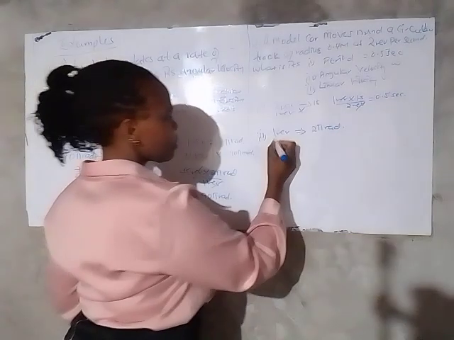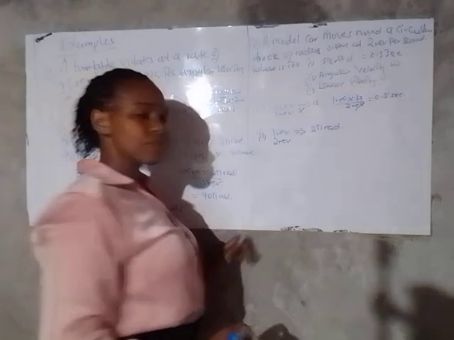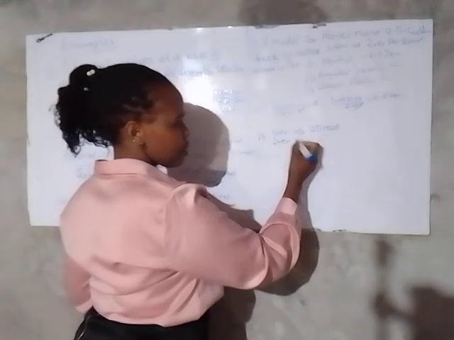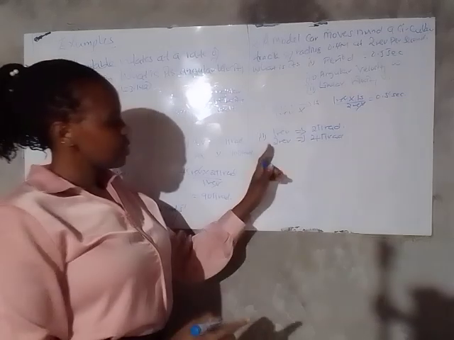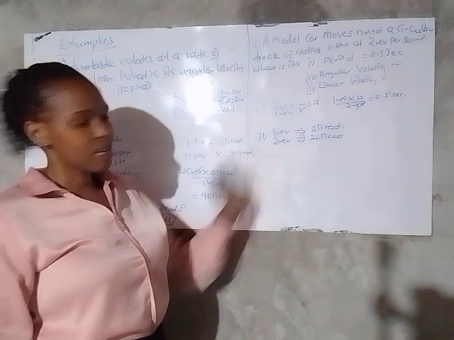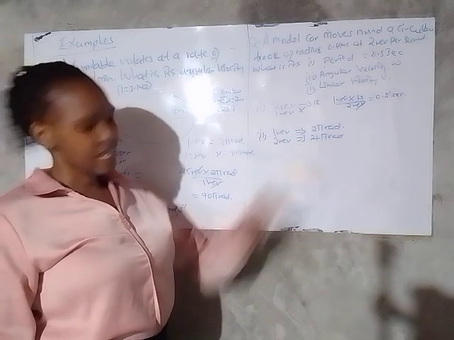So what about 2 revolutions? It will be equal to 4 pi radians. I'm simply taking cross multiplication: 2 revolutions times 2 pi radians over 1 revolution, which is 4 pi radians.